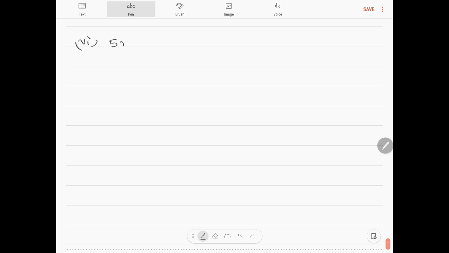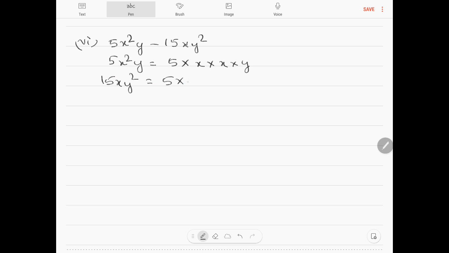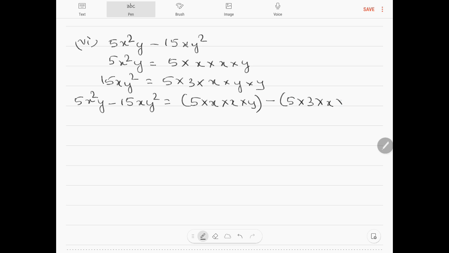Problem 6, 5x square y minus 15xy squared. 5x square y can be given as 5 into x into x into y. 15xy square is 5 into 3 into x into y into y. 5x square y minus 15xy square is equal to 5 into x into x into y minus 5 into 3 into x into y into y. 5 is common, x is in common, y in common.